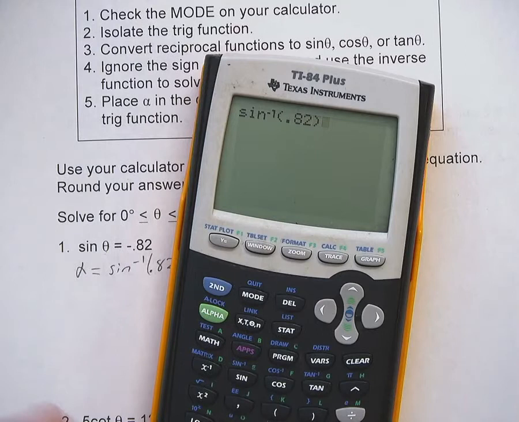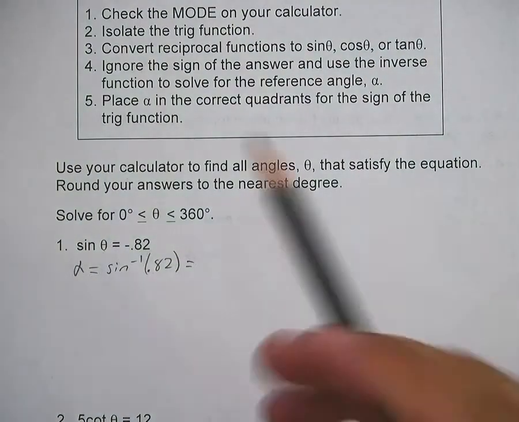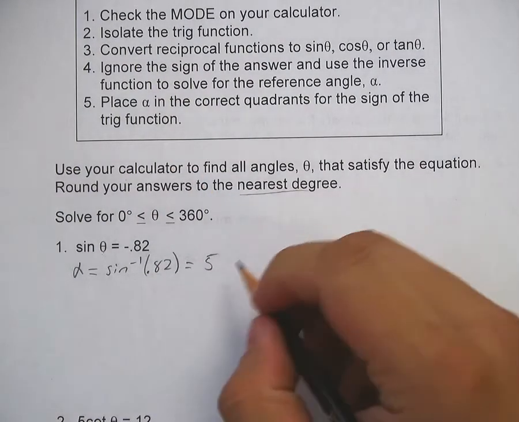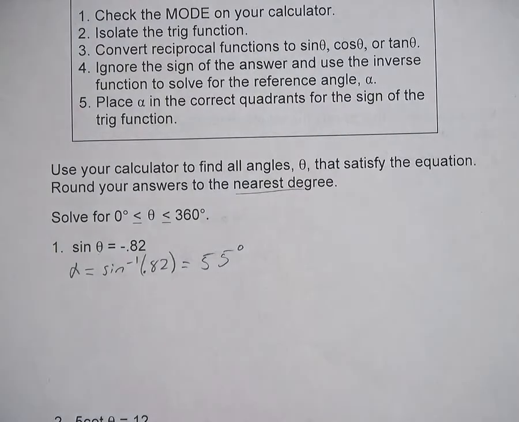Now I've already checked that I'm in degrees. Hit enter and you should get 55.084. Andrew, is that what you got? Yep. Fantastic. So we get 55, and are we rounding to the nearest degree? Yes, we are. We got 55 degrees, rounding to the nearest degree.